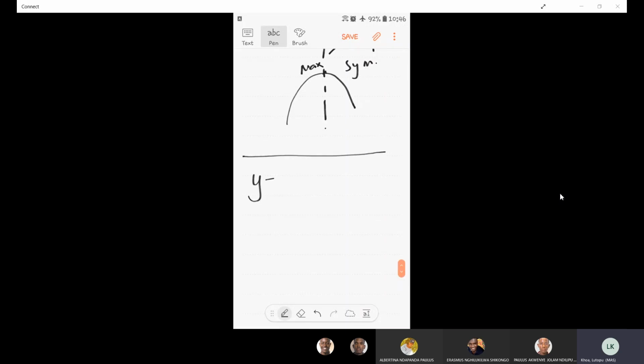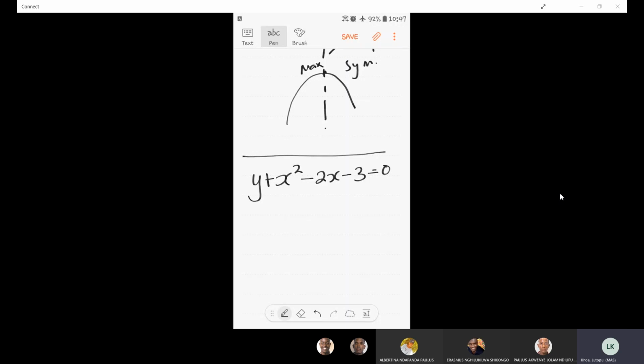We have y plus x squared minus 2x minus 3 equal to 0. Now, the first thing you must do is rewrite it in standard form. That means y is the subject of the formula. So making y the subject of the formula, everything else will go to the other side.